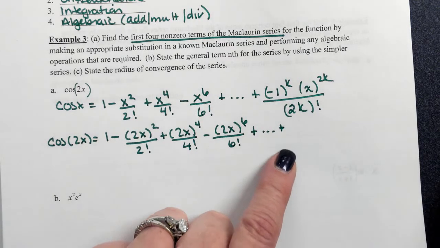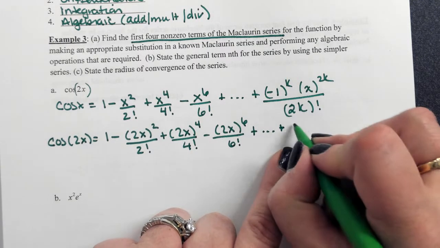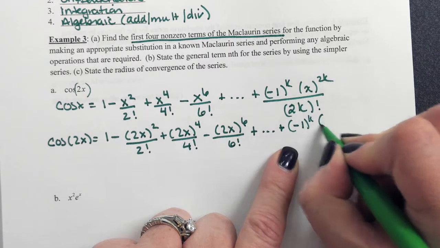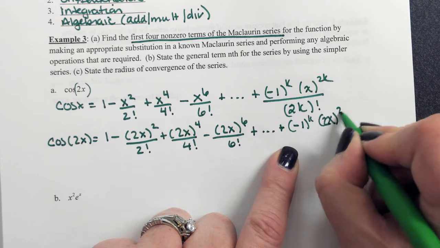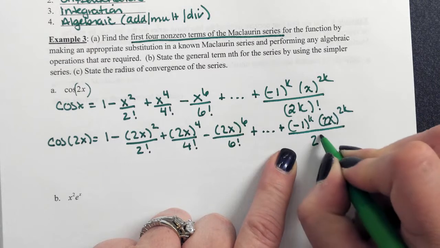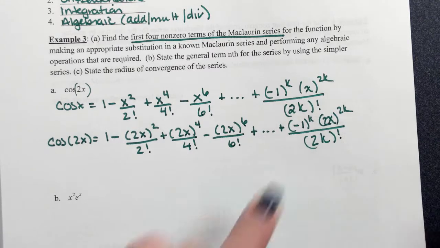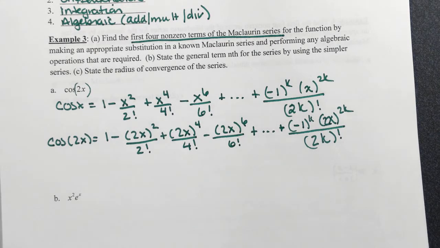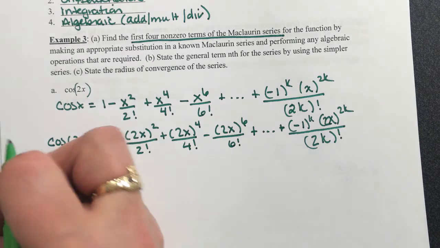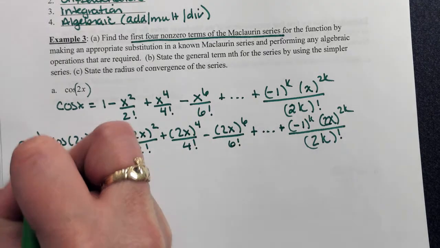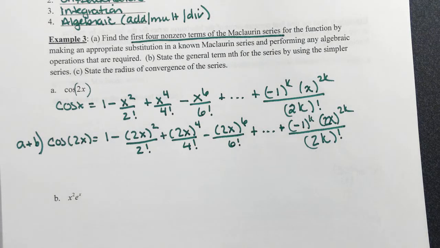You do the same substitution into the general term. So it'll be negative 1 to the k times 2x raised to the 2k all over 2k factorial. Right? So this is part A and B. So any questions on how I found the first 4 terms of your Maclaurin for cosine of 2x and then the general term?